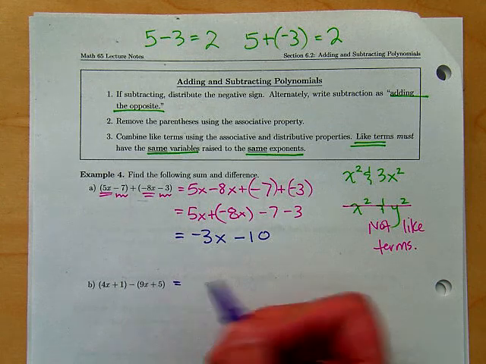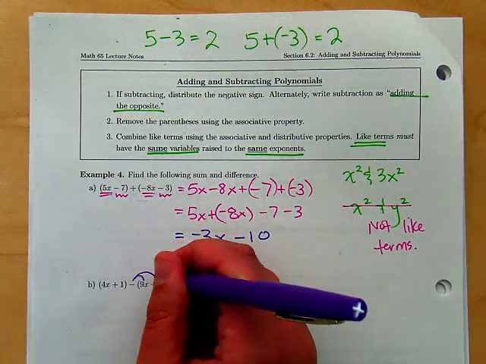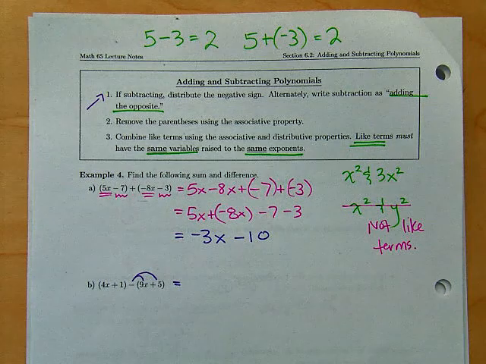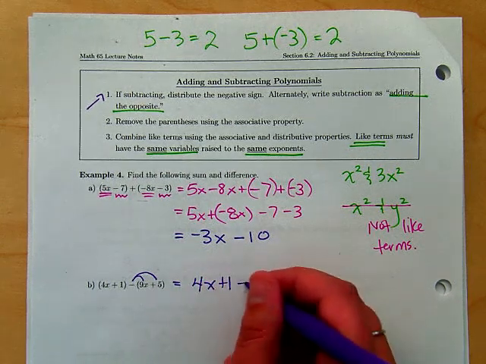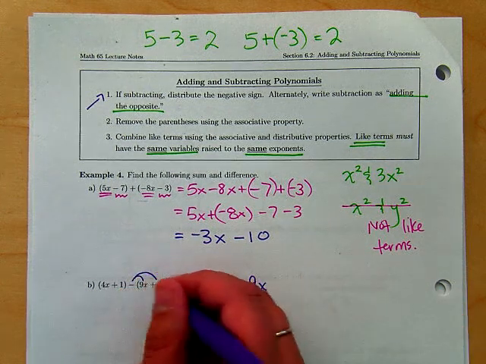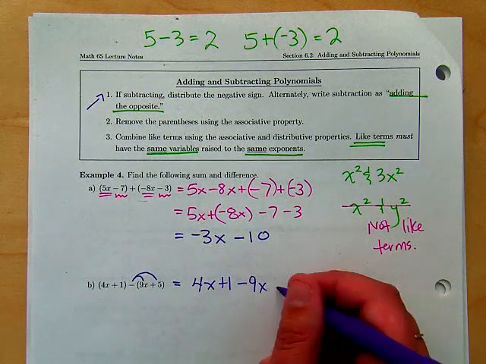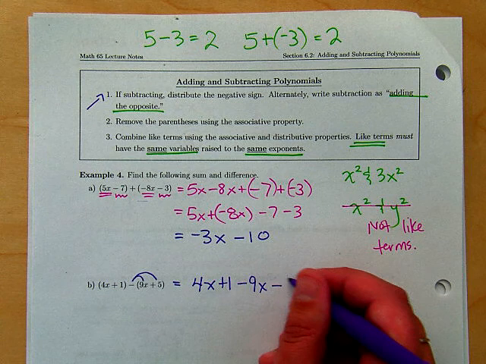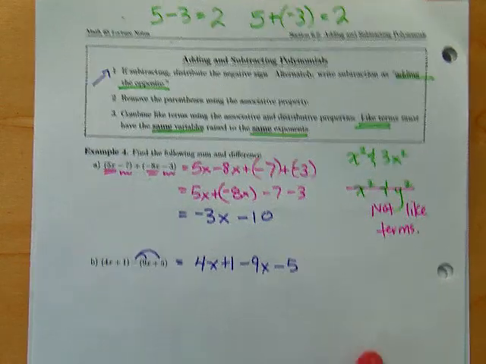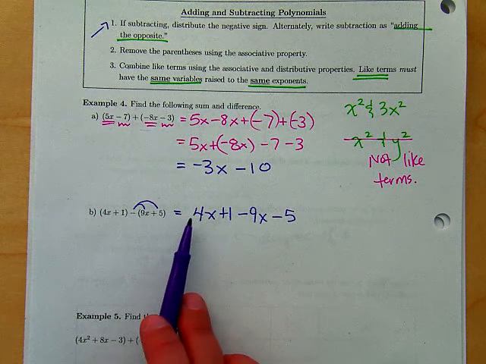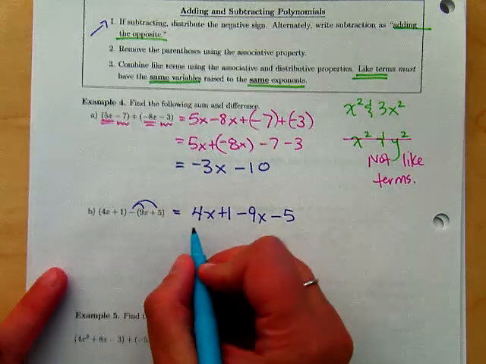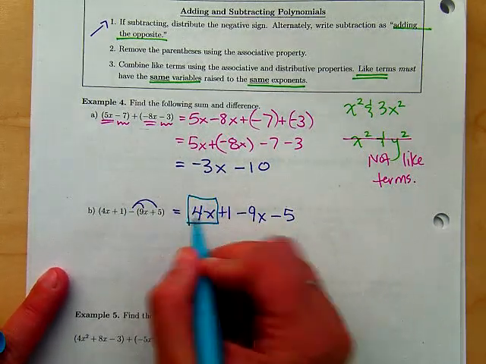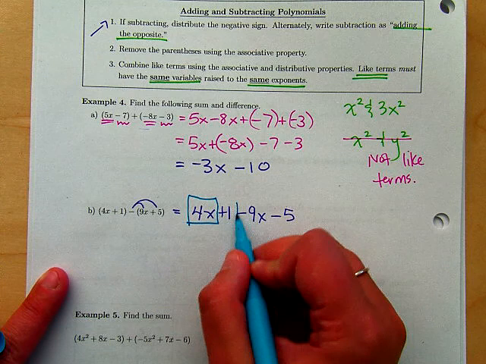Here, when we subtract, we need to distribute the negative sign. That's what step 1 is telling us, okay? So I'm going to rewrite this as 4x plus 1 minus 9x, and then distribute that negative to the 5, because I want to subtract the whole thing, minus 5. Does everybody see how I got those signs switched? Because subtraction is really the same thing as adding the opposite. Okay, so now our like terms are 4x and negative 9x.